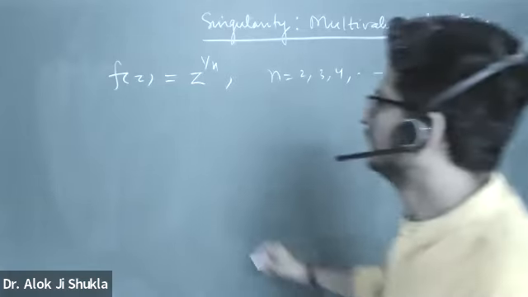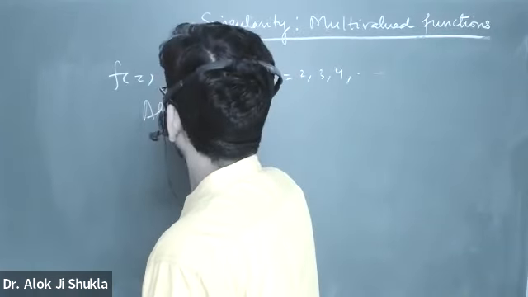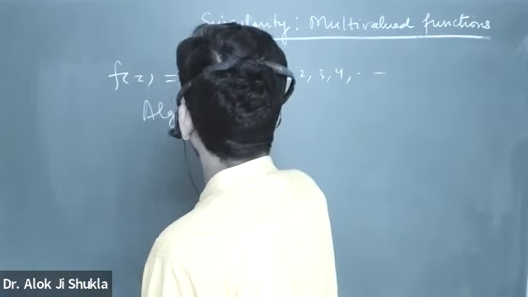So this is called algebraic branch point.